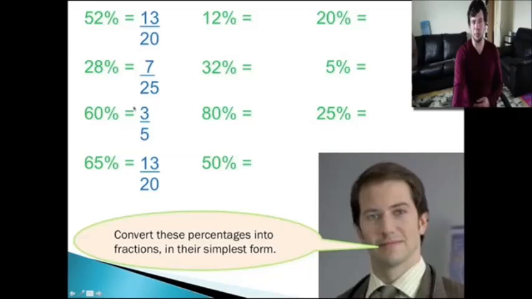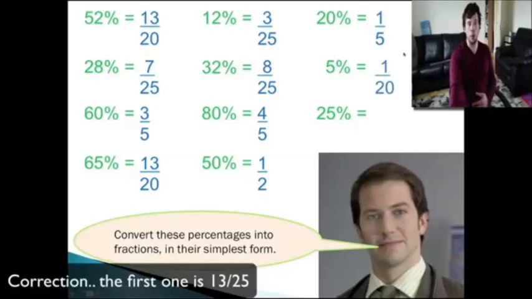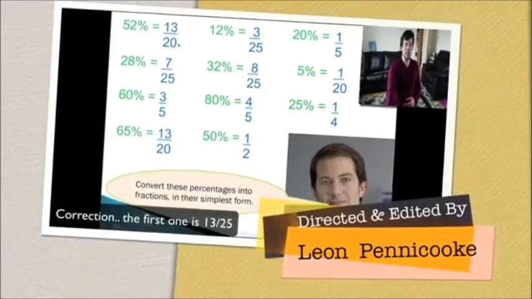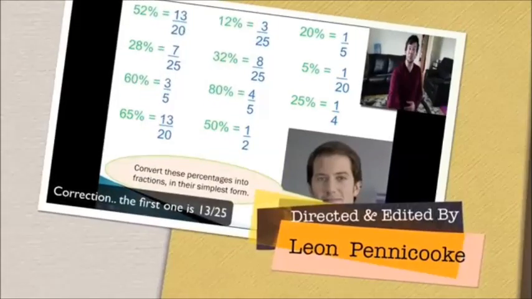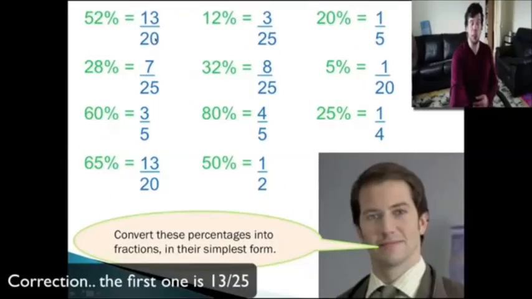That can't be right, there must have been a mistake somewhere. 3/25. 8/25. 4/5. 1/2. 1/5. 1/20, and 1/4. The mistake was in the first question. It should actually read as 13 over 25.